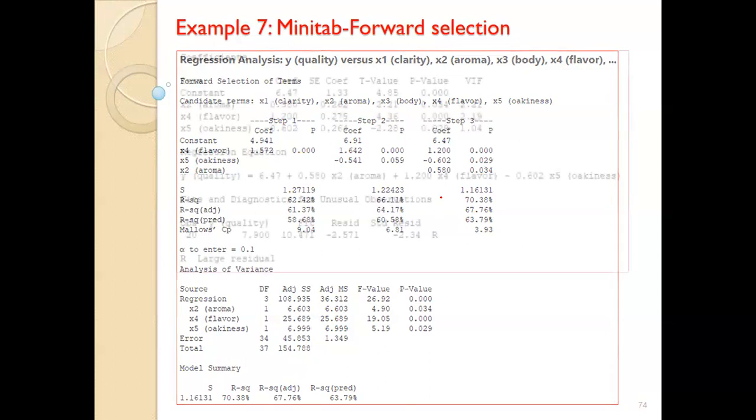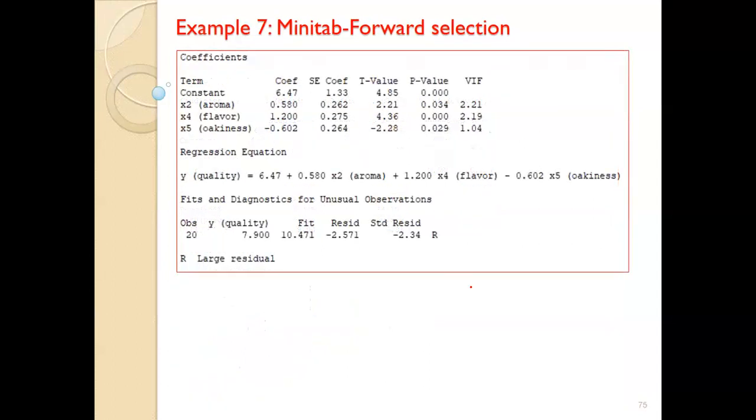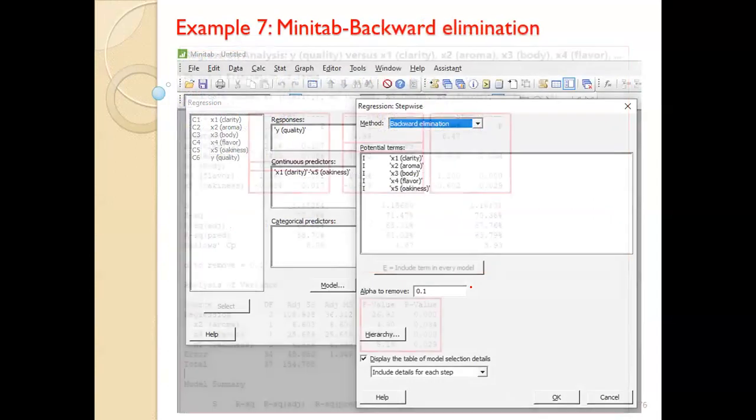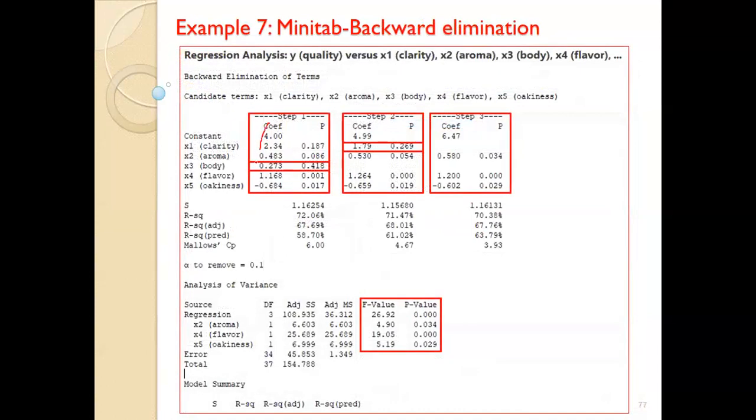For backward, we build the full model first. This is all of the parameters input in the model: x1, x2, x3, x4, x5. For the second step, you cancel the maximum p-value. For that, you cancel x3 first. And step 3, you cancel x1.